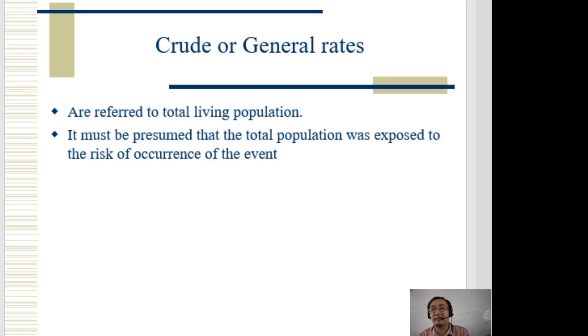Next term, we have crude or general rates. When you say crude or general rate, it refers to the living population. It means that an event involves the whole population. What are these events? As examples, we have births and deaths.